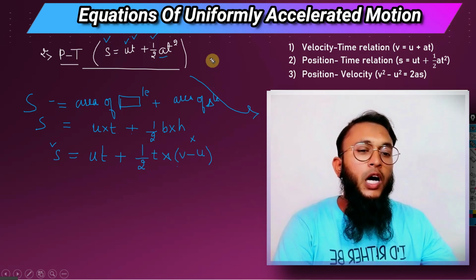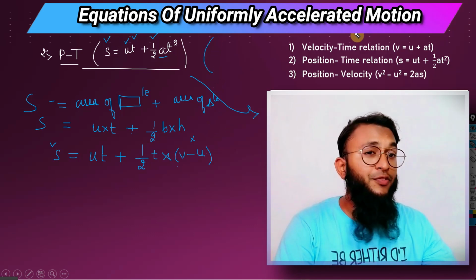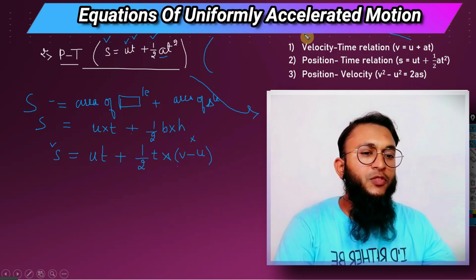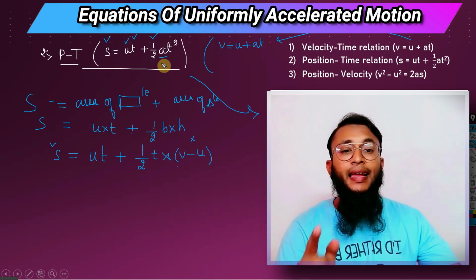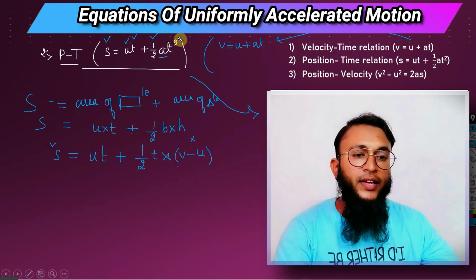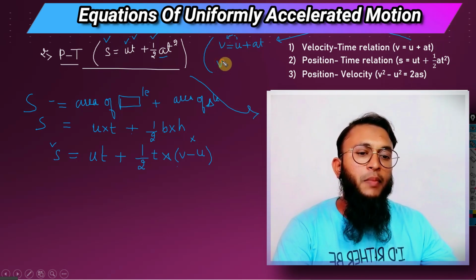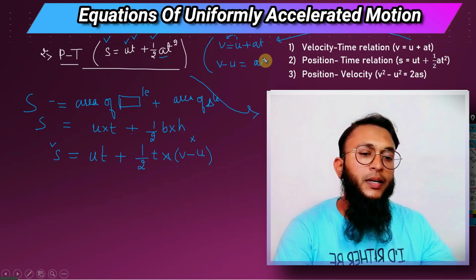Let's have a look whether we can have any relation from the first equation or not. If you see this first equation, v is equal to u plus at. We wanted to remove v and u, but we wanted to add a and t, which is here. So what do we do is, I'll send this u to the other side. What happens? If u goes to that side, it becomes minus. v minus u is nothing but at.